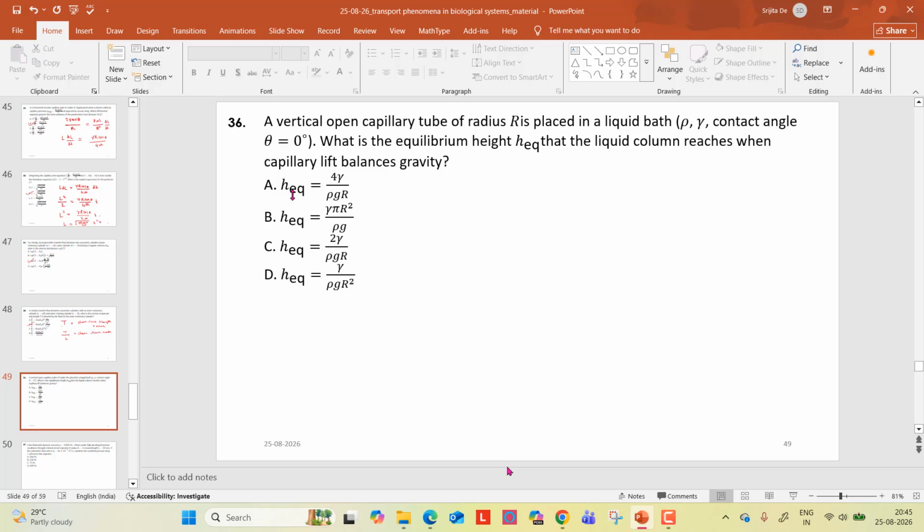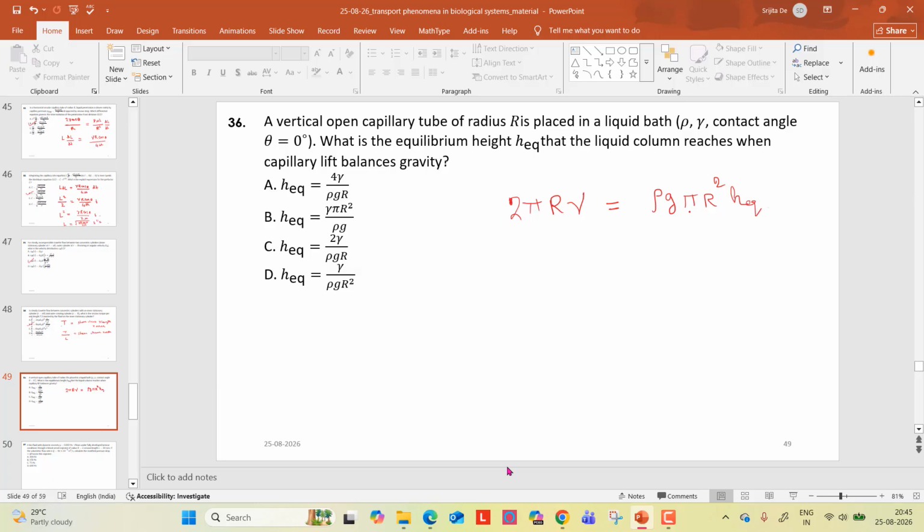So it will be the radius 2 pi r into gamma, the surface tension force, balancing the gravitational force rho g pi r square into h equilibrium.